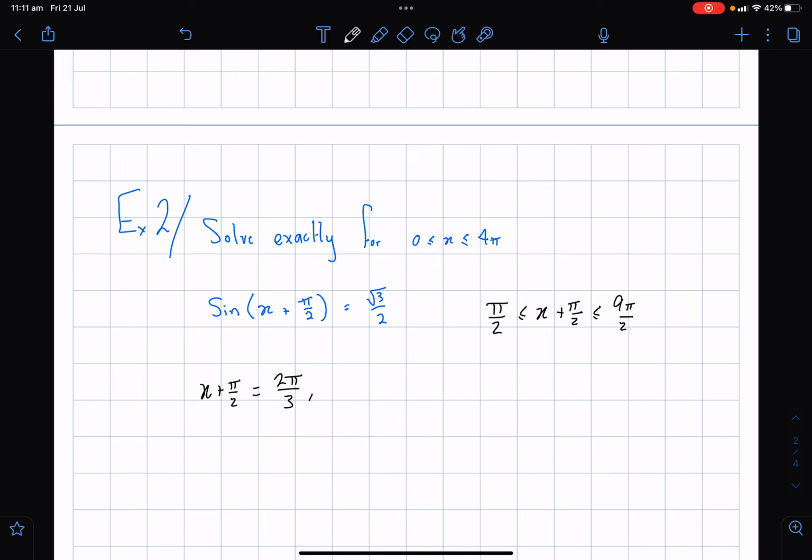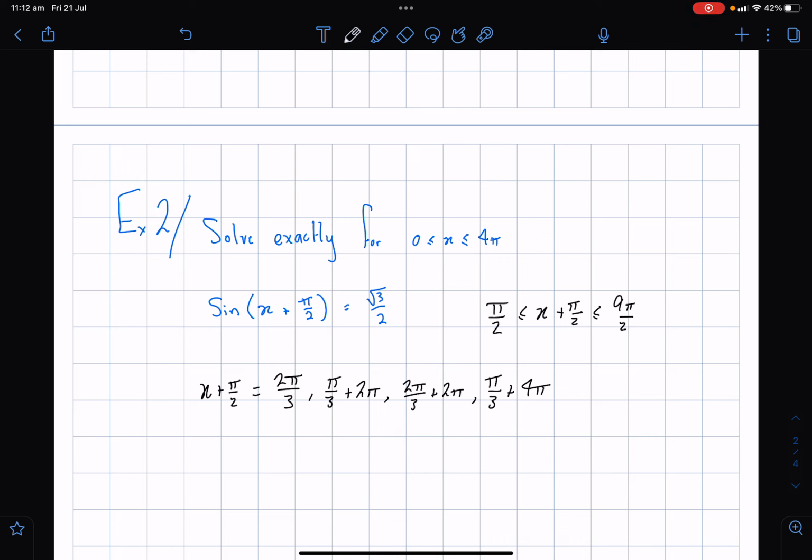Now we go around, we've got pi on 3 plus 2 pi. We've got 2 pi on 3 plus 2 pi. And then we've also got pi on 3 plus 4 pi. Now, all of these should be within our domain.